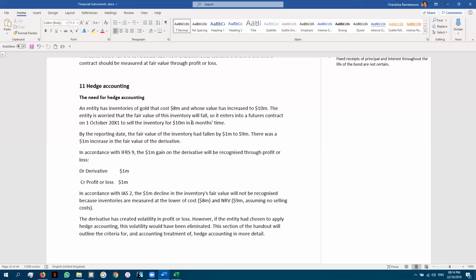It need not be the actual amount, by the way. Now, in most cases, when you are dealing with hedge accounting, the movement in prices, the gains and losses will be the same. So there'll be an exact compensation, 1 million to 1 million.